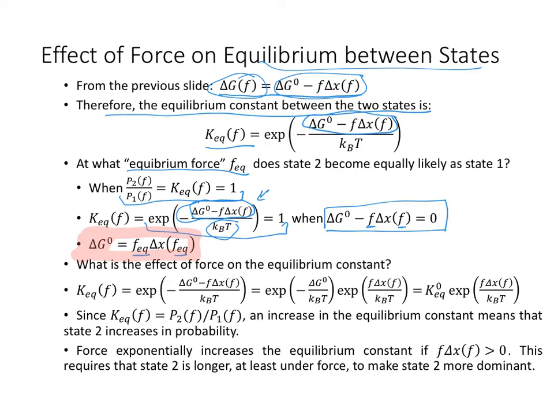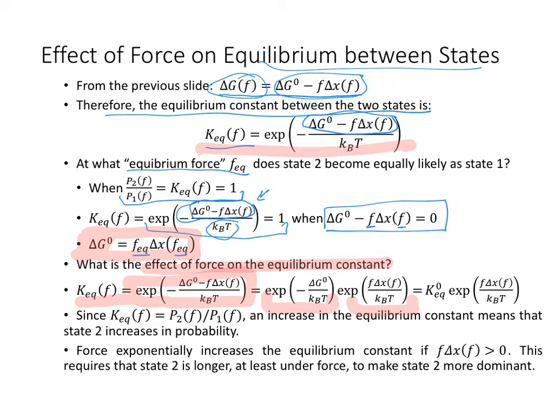So more generally, in addition to asking about the equilibrium force, we might ask, what's the effect of force on this equilibrium constant? We had written above that the equilibrium constant at F is the exponent of this. Now, you might recall that the exponent of two terms added or subtracted inside the parentheses is the product of the exponent of the first times the exponent of the second.